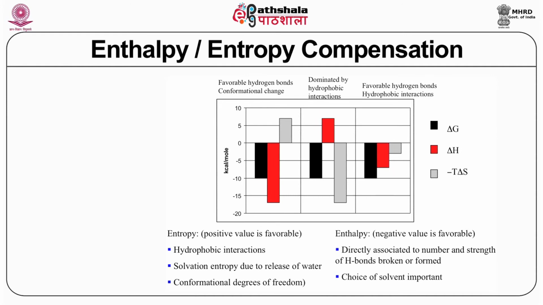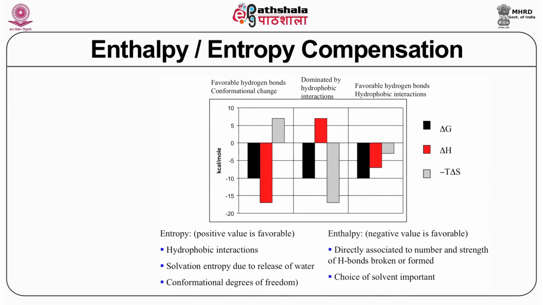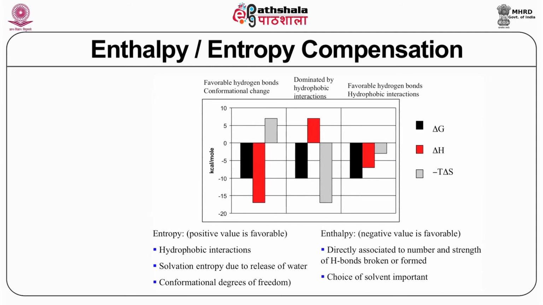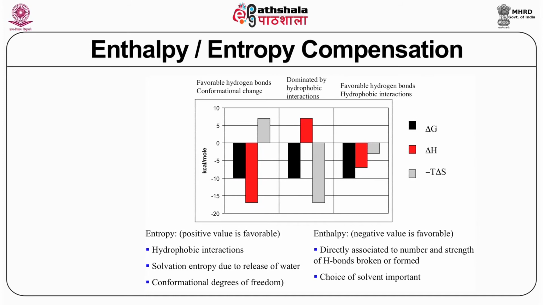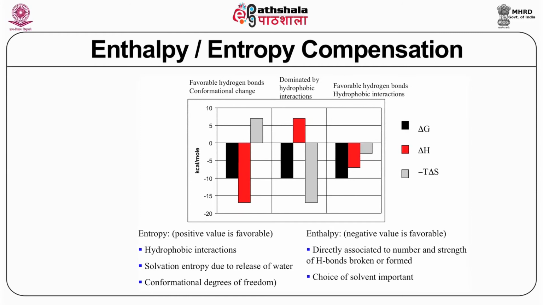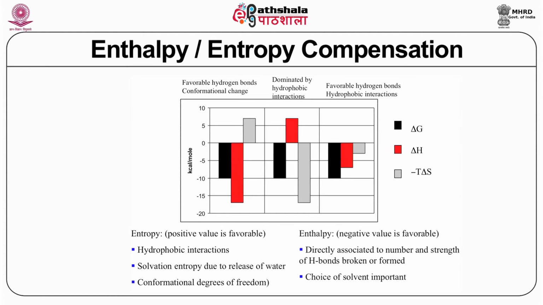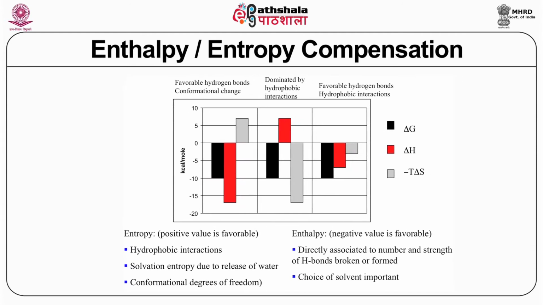Here I have shown you the delta G as a black box, the free energy, which derives from delta H and T delta S: delta G equals delta H minus T delta S. So, delta G can be the same, but at the same time the contributions from enthalpy and entropy can be totally different. So, the favorable hydrogen bonds and hydrophobic interactions can be different.